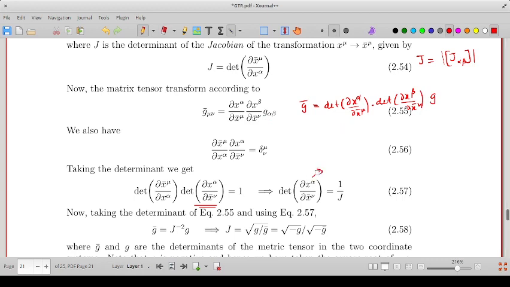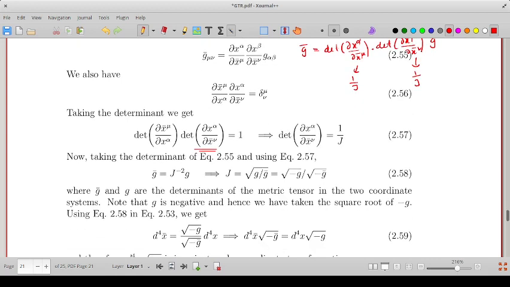But from here we see that this is simply 1 by J and this is also 1 by J. So that means g bar is equal to 1 by J square times g. And that's exactly what I have written here.